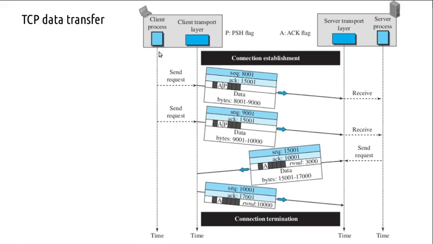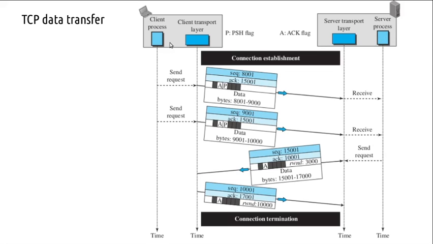So sometimes the client process might have to send just a few bytes, maybe 100 bytes. That is far short of the maximum segment size, and this has to be communicated to the server side process fast, maybe near real time.